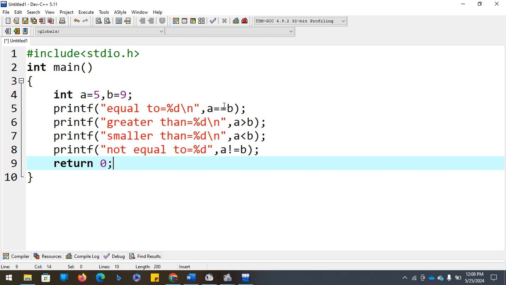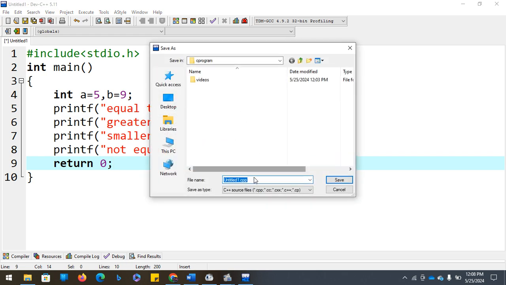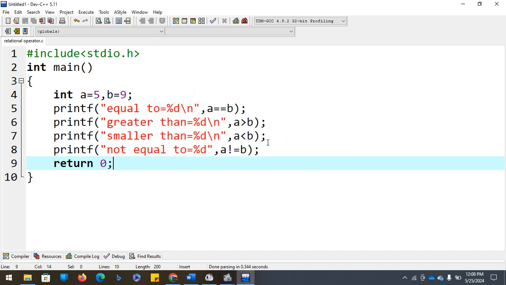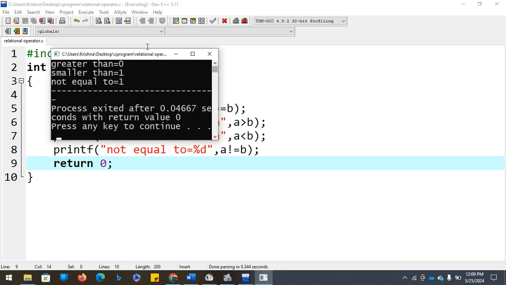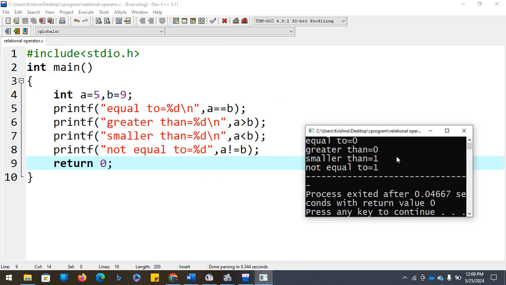Now let's save it. Let's run it. So we can see here A and B, they are not equal to each other, so it is giving us 0.